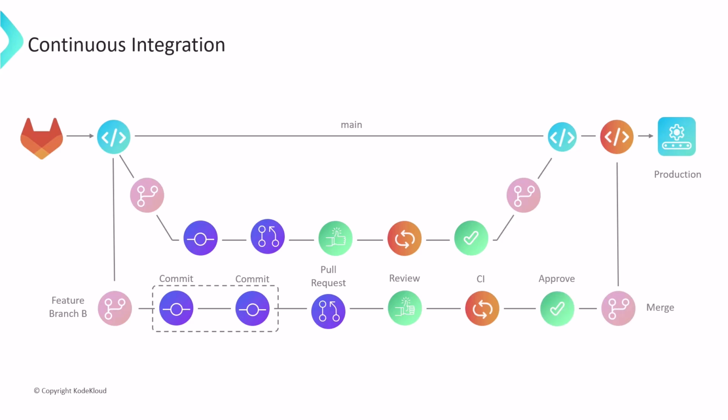Following the successful merge, the main branch now contains the code changes from both feature branch A and B.